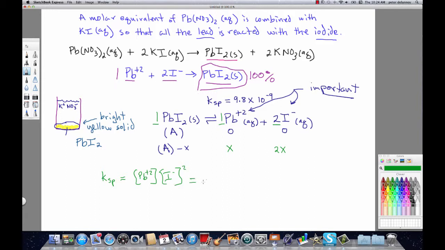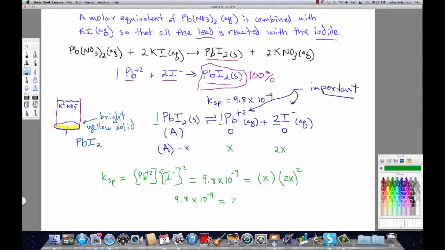Plugging in, we're going to have 9.8 times 10 to the minus 9th equal to X for the lead ion, times 2X for the iodide, quantity squared.